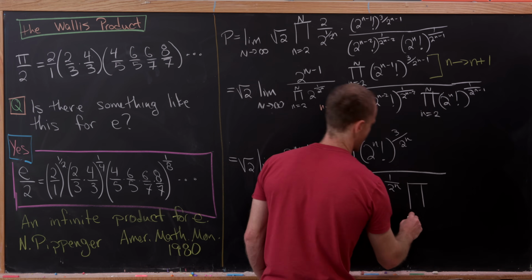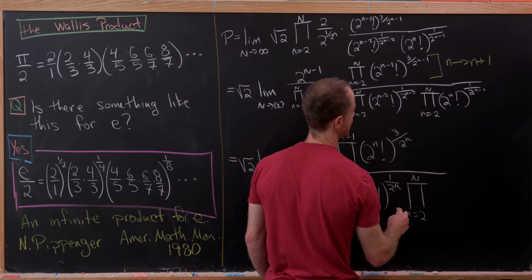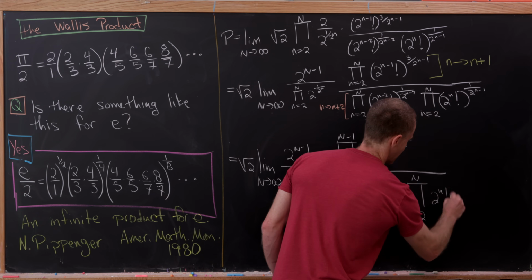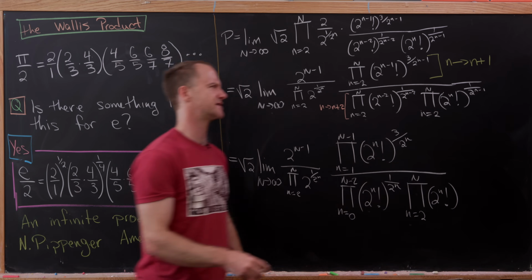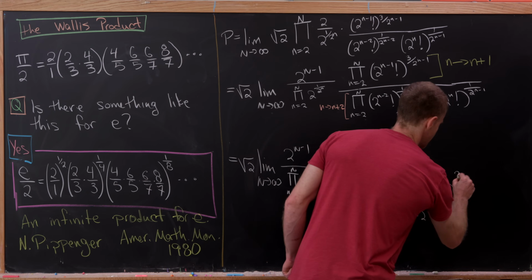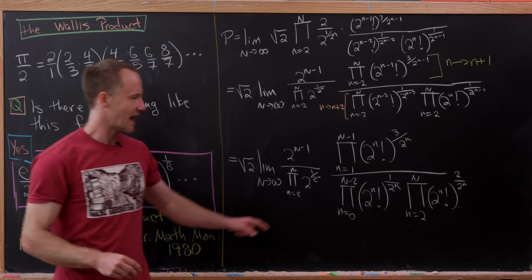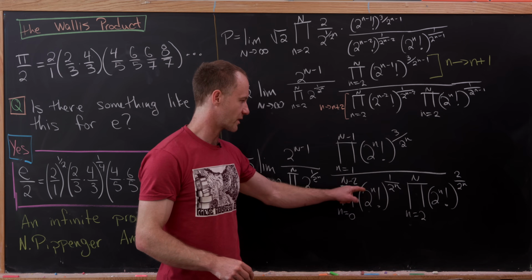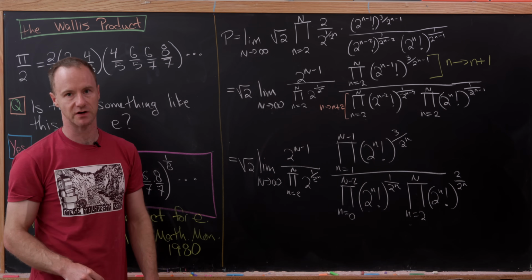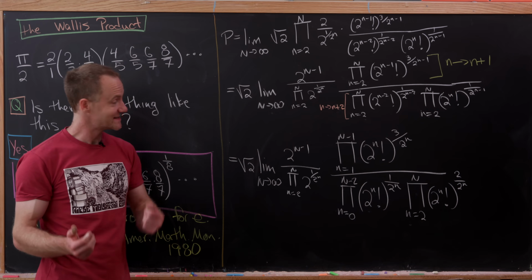So that's the product as n goes from 2 up to capital N of 2 to the n factorial. But instead of writing that as 1 over 2 to the n minus 1, I'm going to write that as 2 over 2 to the n. Because now notice that this numerator term will cancel those two denominator terms. But that's only for the terms that they have in common, which isn't everything.